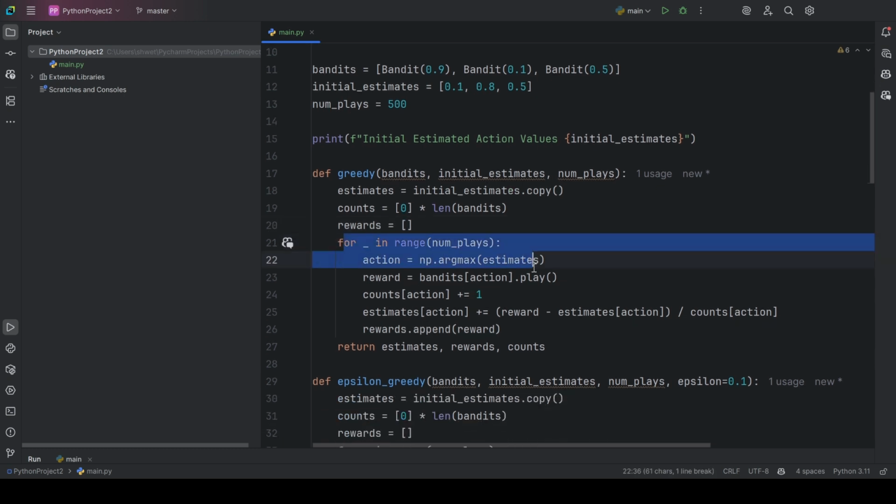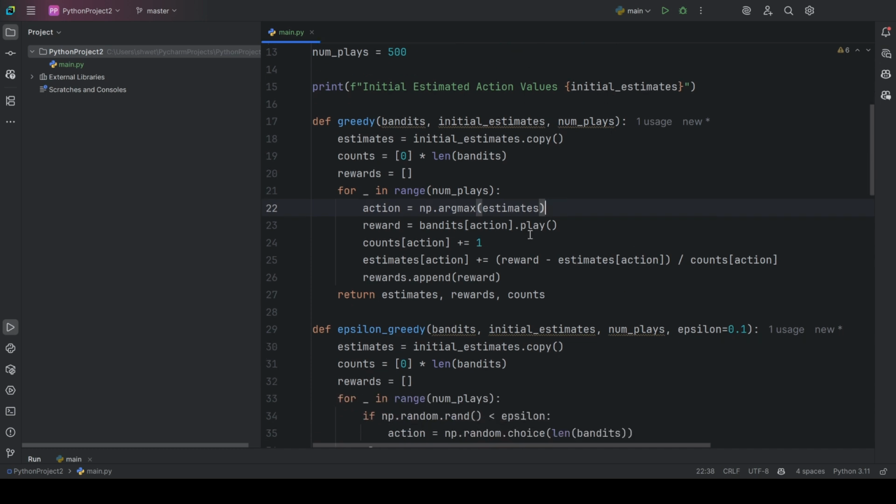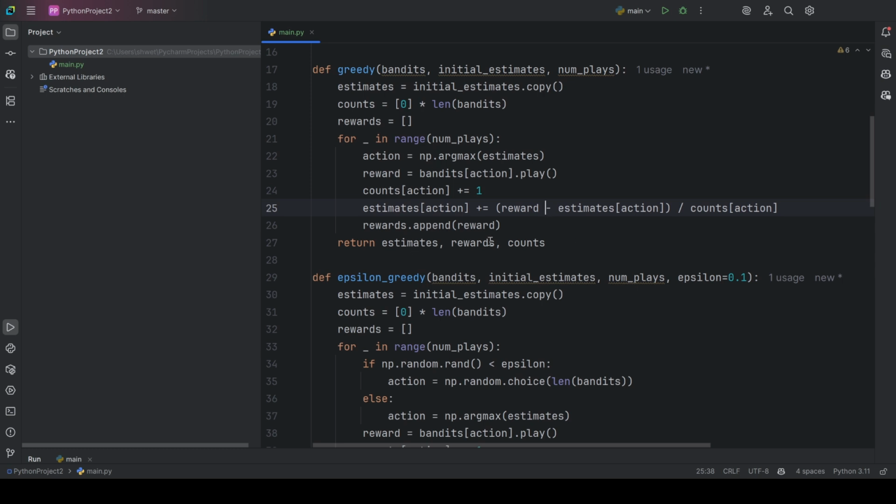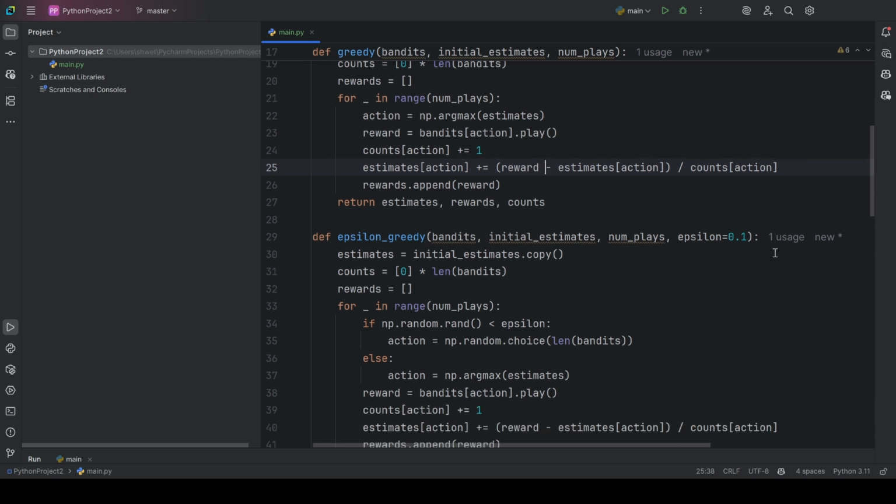Then we play the game 500 times, pick an action greedily using argmax. We get a reward by playing that action, update the number of counts for that action, and update the estimate using the formula that we derived in the slides. And we append the reward to the rewards list and then return estimates, rewards, and counts.